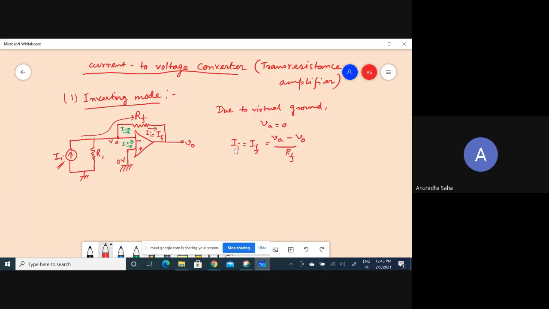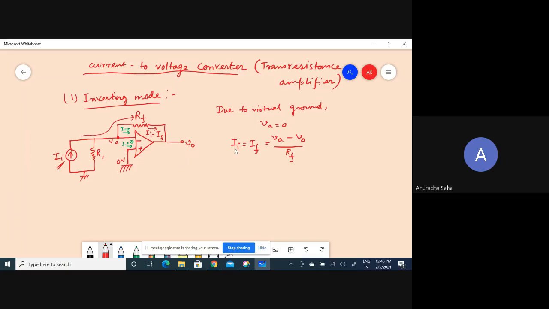Why am I writing in this manner? Because obviously I have applied the source to the inverting terminal, so automatically my output voltage must be of lower potential, because we know that for the inverting op amp, output voltage VO must be minus RF by R1, which is the gain, multiplied by the input, right? So obviously this VO must have the lower potential as compared to VA.